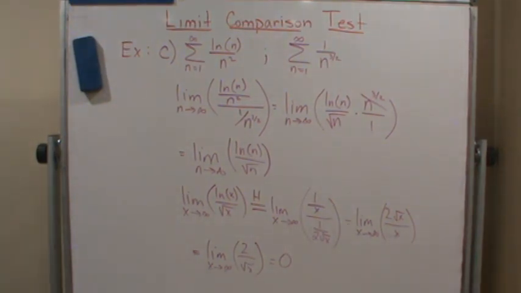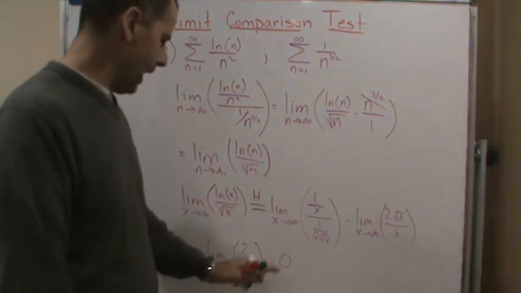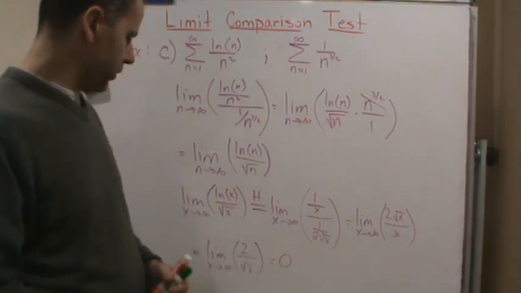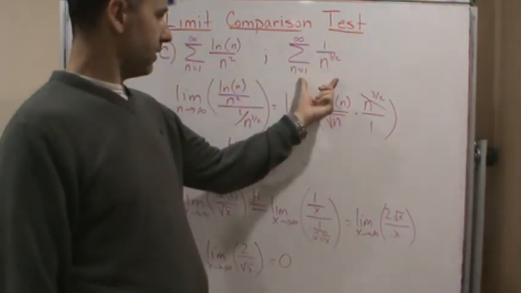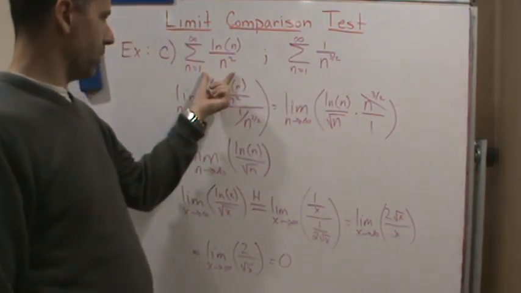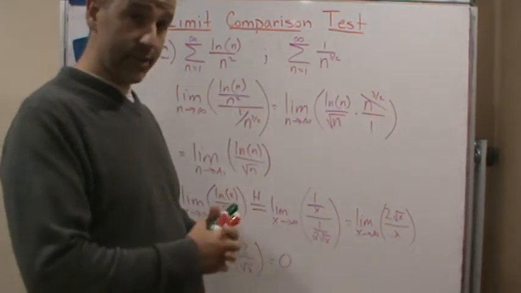Okay, now we're done. Because now this goes to 0, which means we're in the case that if this converges, then so does this. Well, this does converge, right?